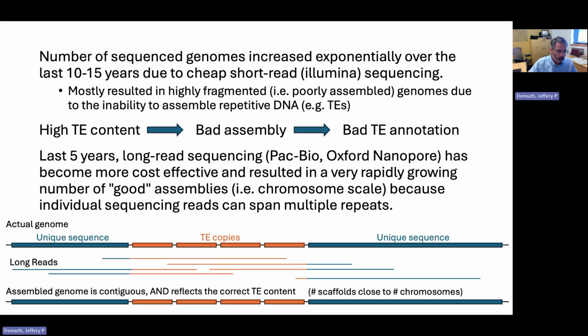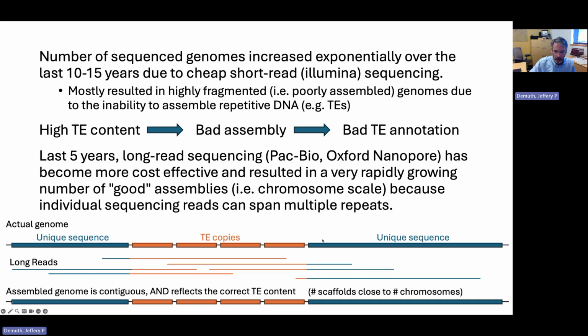In the last 5 years, long read sequencing from PacBio, Oxford Nanopore, talked about these in previous modules, has become more cost effective and resulted in a really very rapidly growing number of what I quote unquote good assemblies. So that's what I'm calling chromosome scale assemblies, because individual sequencing reads from PacBio and Oxford Nanopore can span multiple repeats.